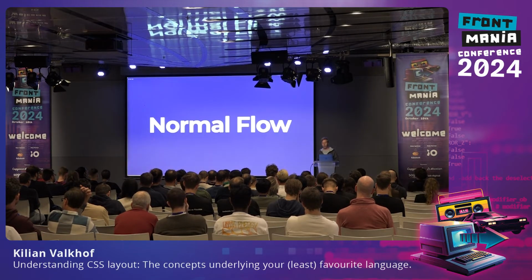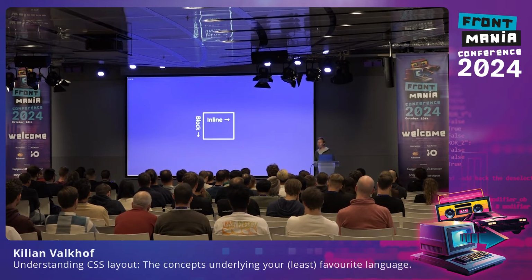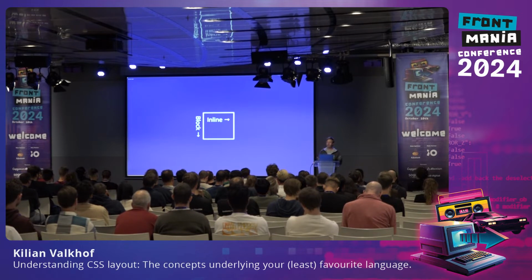There are, of course, languages that go in different directions, but for the purpose of this talk, I'm going to skip over them. So, from left to right is the inline direction, and from top to bottom is the block direction. And that's because text characters, they are side by side, they're in a line.